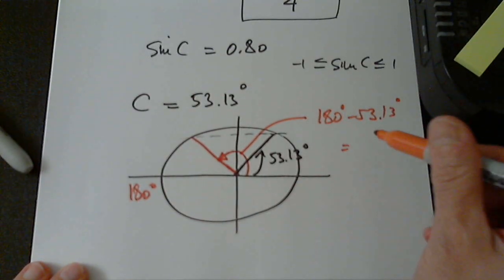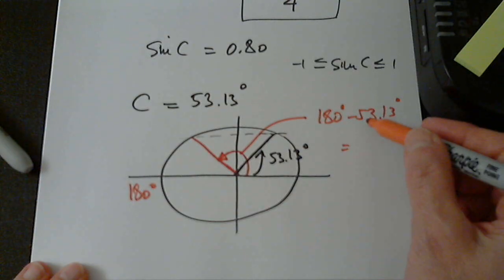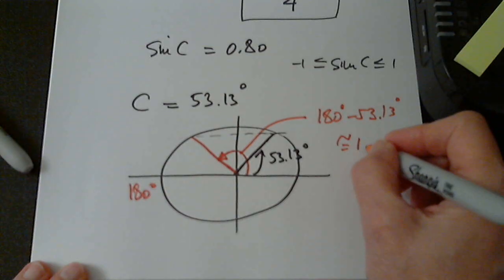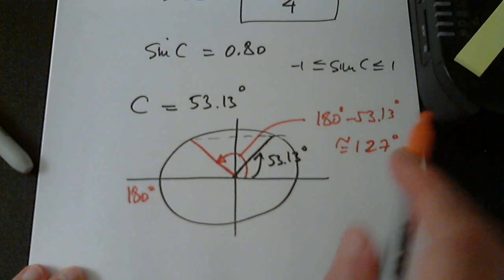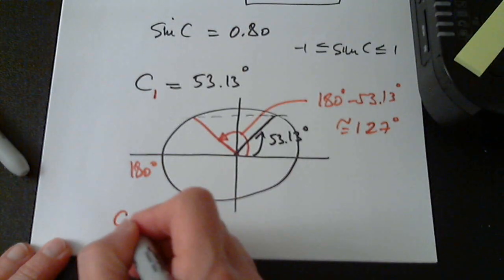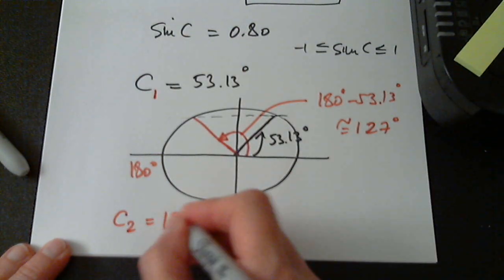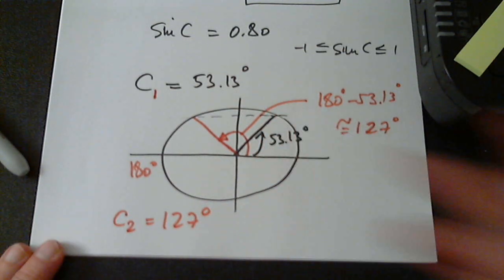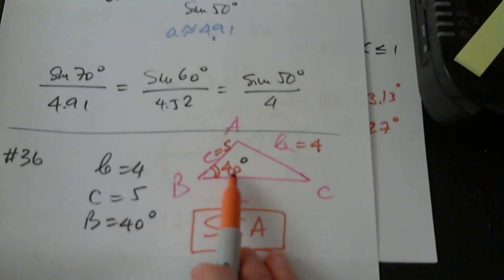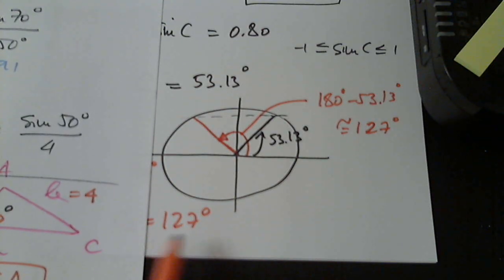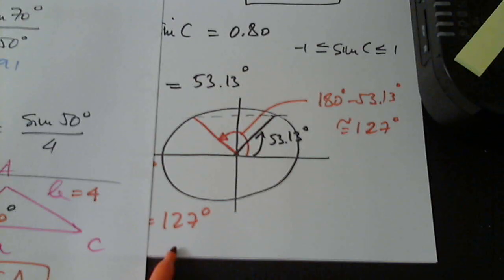How much is that? 180 minus 53 is 127, roughly. So this is C1, and I have to determine C2, which is roughly 127 degrees, if it fits with the information I was given. I have an angle of 40 degrees and the other angle of 127, so this is possible.